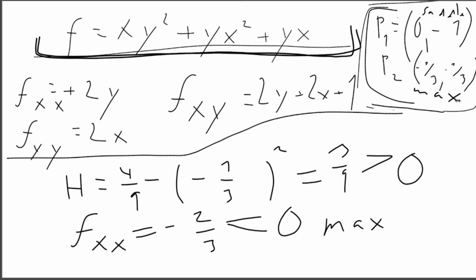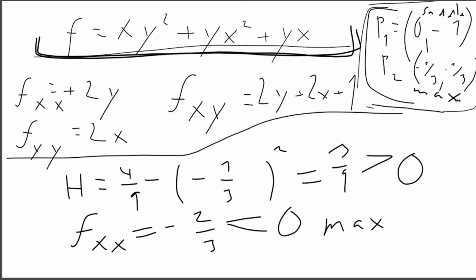The way we got there is first we got the function f, we took the partial first order derivatives in both of the variables, set those both to 0, and solved for x and y. We got two pairs of x and y, (0, minus 1) and (minus 1/3, minus 1/3) twice. And then we use the theorem saying that if h is bigger than 0, where h is the determinant of the Hessian matrix, the theorem I showed a couple of minutes ago, which is namely the second x derivative times the second y derivative minus the mixed derivative squared, plugging in points from one of the points, so we're now doing it for point 1, so I plug in 0 and minus 1.